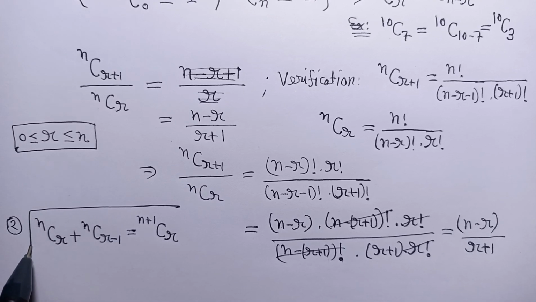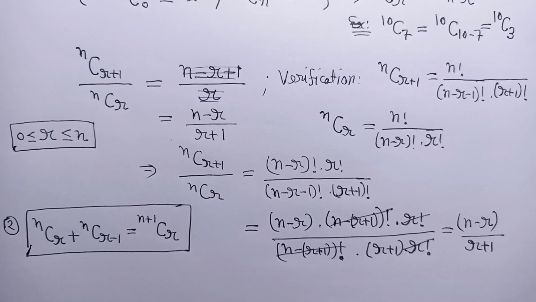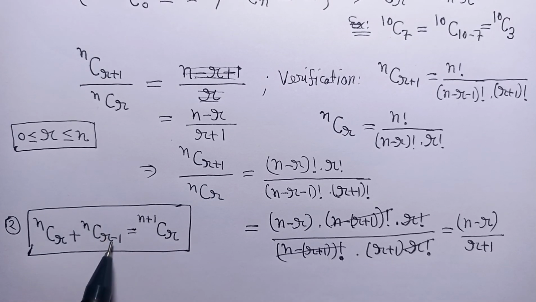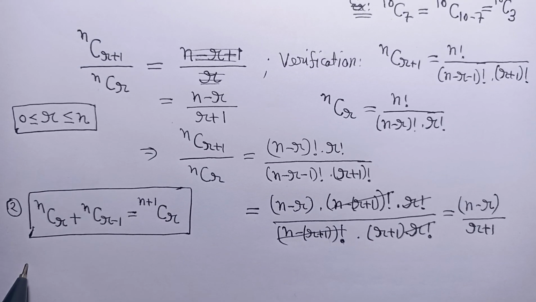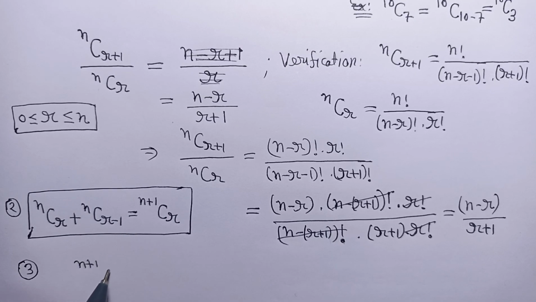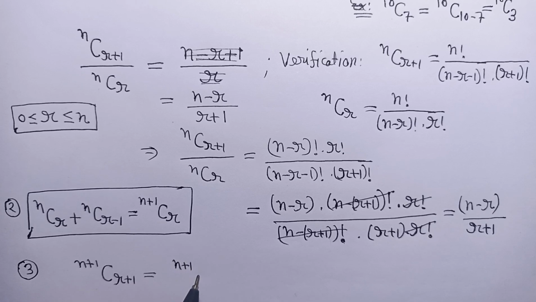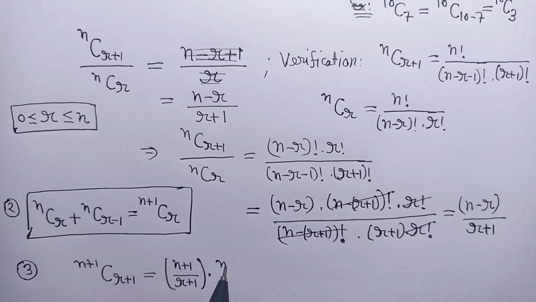I can give you the verification also, but this is a formula you just have to memorize, because if you write the expansion form and simplify, you will eventually get this only. And the third formula is (n plus 1)C(r plus 1) is equal to, taking numerator and denominator like this, (n plus 1) over (r plus 1) into nCr.